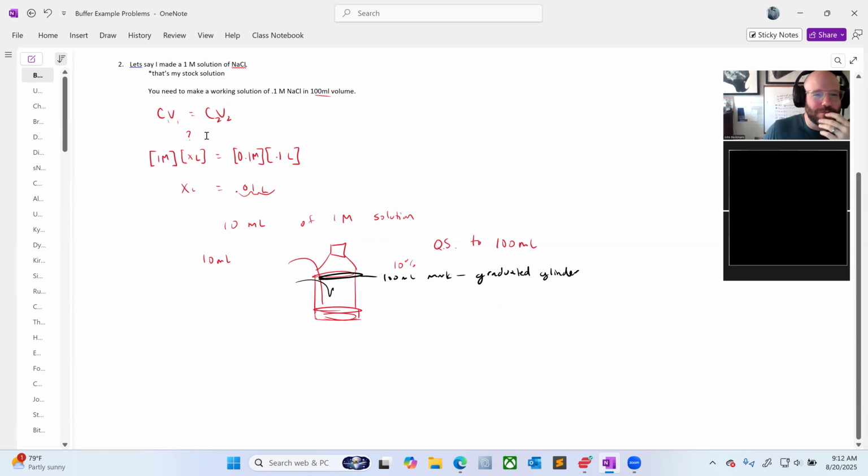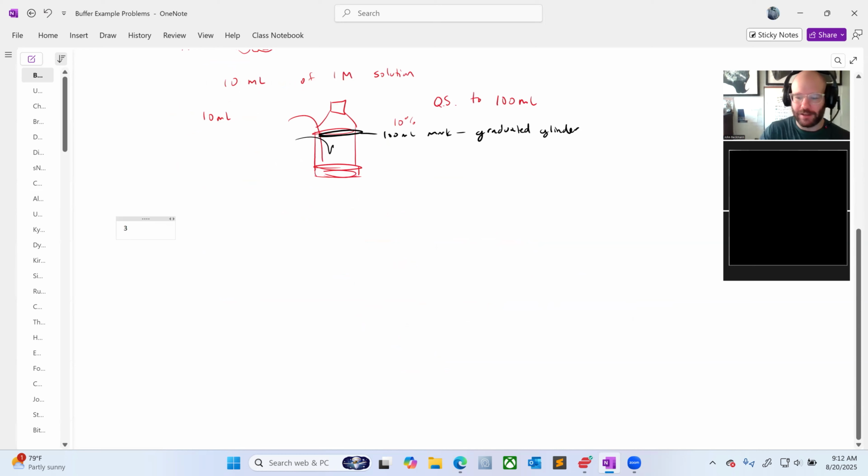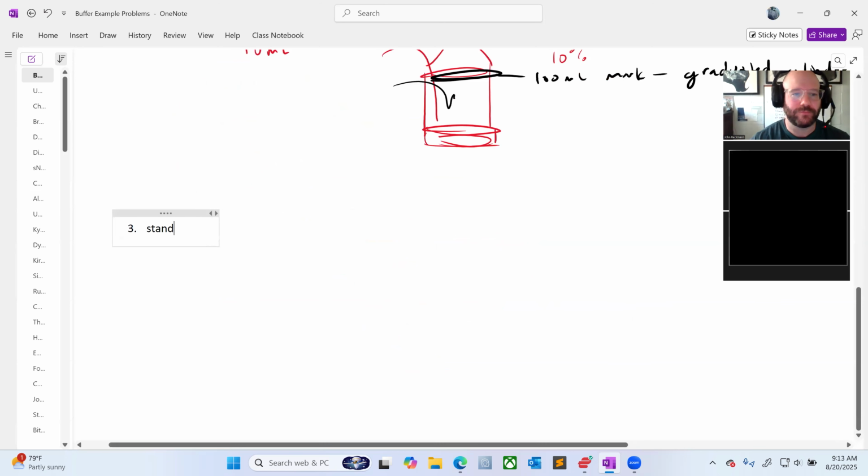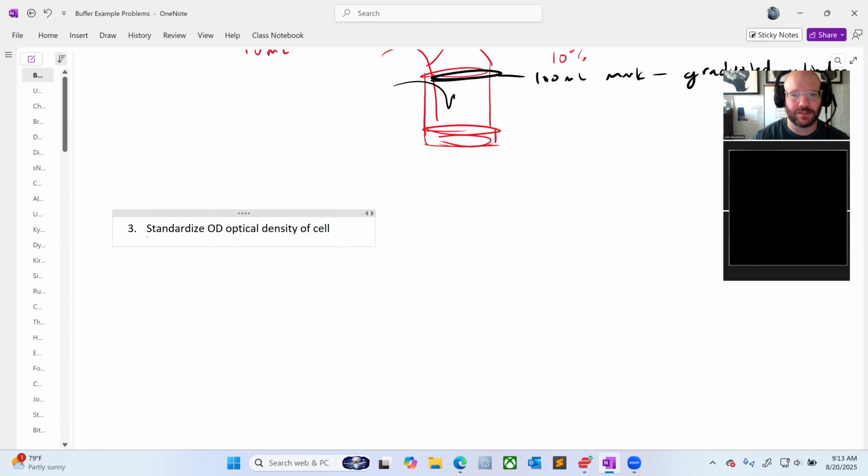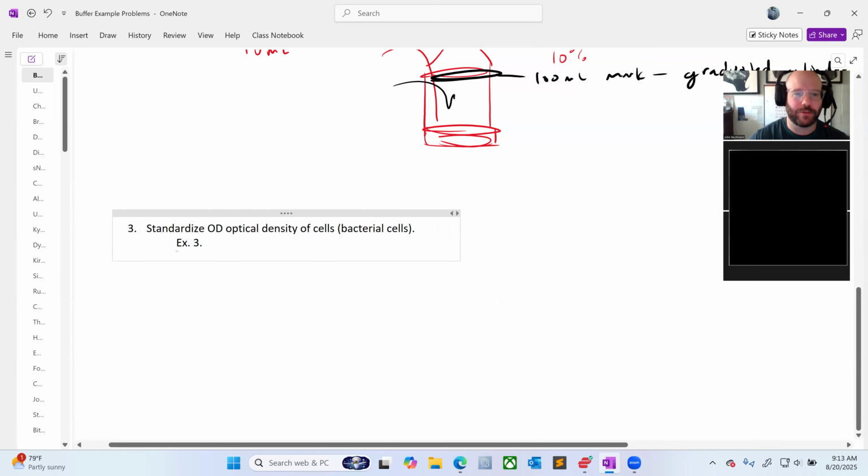The other reason that you might use the C1V1 equation, that's the most common example. You'll see the equation come up a ton. Another common thing is to calculate or standardize optical density, OD, of cell cultures, usually bacterial cells. This is example 3.